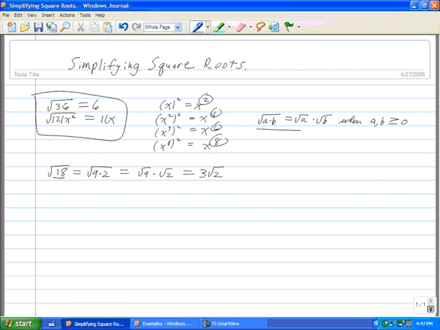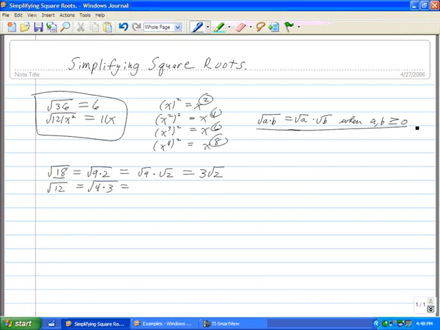Let's take another look at a problem like this. Let's look at the square root of 12. 12 is not a perfect square, so we won't try and take its square root. But like the last example, it contains one. 12 can be broken up into 4 times 3.